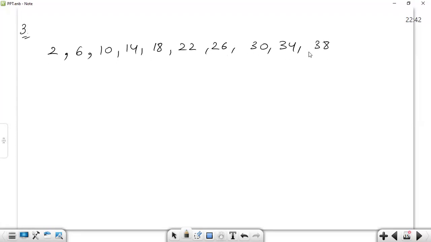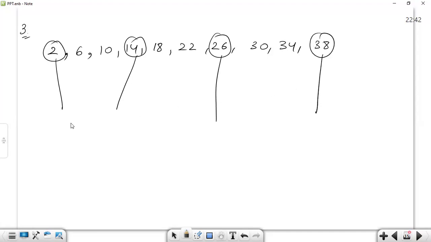If there are a lot of terms, and if we pick terms at a regular interval, let's say after an interval of two terms we pick a term. So one term picked, then after two terms we pick another, and then after two we pick another, then after two we pick another. So this becomes 2, 14, 27, 38.